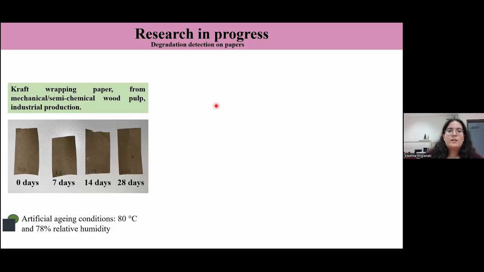So what we did, we used kraft wrapping paper from mechanical semi-chemical wood pulp out of industrial production, and we artificially aged them under stable conditions of 80 degrees Celsius and 78% relative humidity for 7, 14, and 28 days, and we again kept one as a reference.